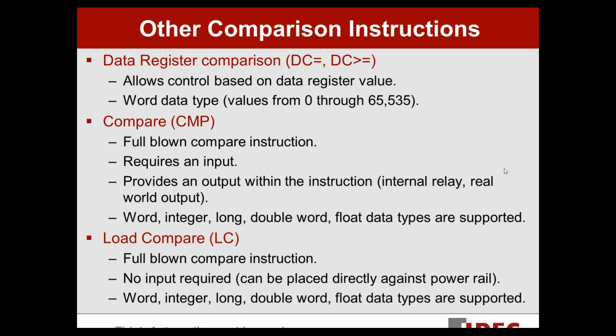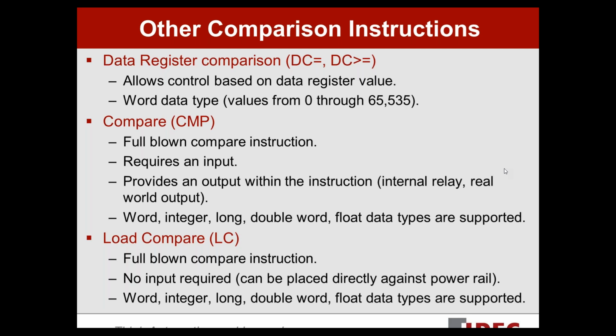We've also got two other compare instructions. We've got our full-blown compare instruction, the CMP. That requires an input. You'll notice when we did the counter comparison as well as the data register comparison there, you don't have to have an input to control it. You can put it right up against the left power rail, and it will execute every scan. The compare, the CMP instruction, does have an input, so you can control when you're comparing and when you're not.